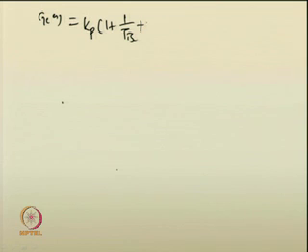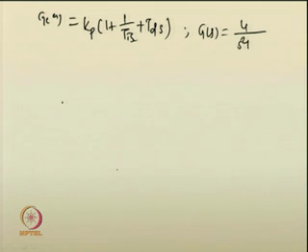Let the PID controller be given as GC(s) equal to Kp (1 plus 1 upon TI s plus TD s), and we know our process to be 4 upon 2 s square plus s.